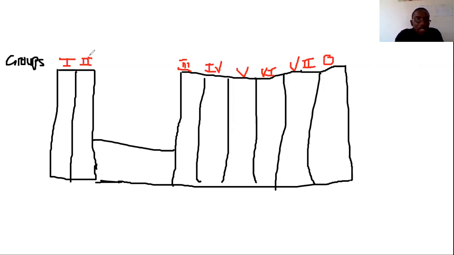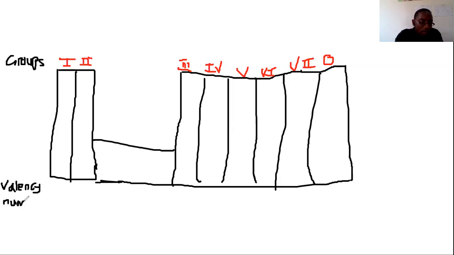Then down here, allow me to put what we call the valency number. So what is the valence number? The valence number is just the combining power of an element.